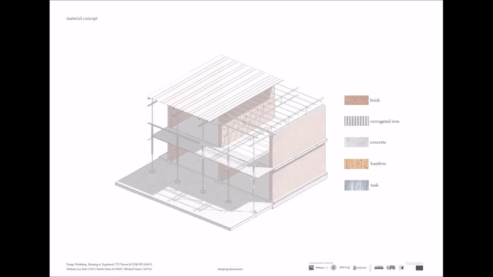But of course, I know that you try to use the tropical architecture approach using the overhang or the veranda, and the length of the overhang itself is quite enough.